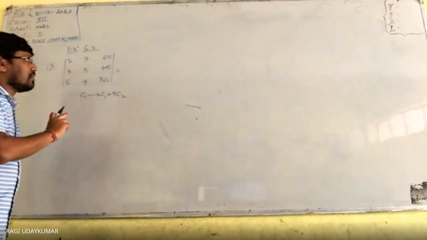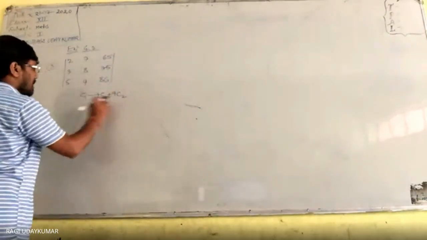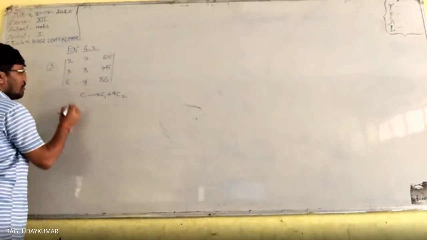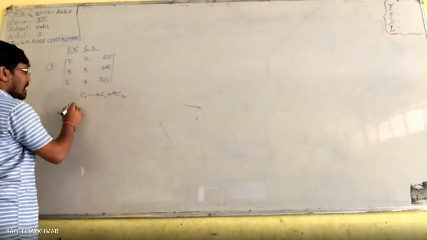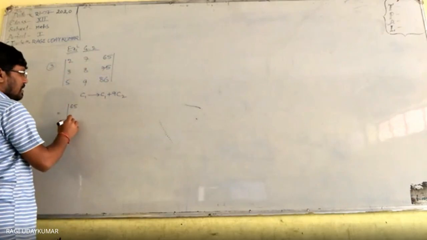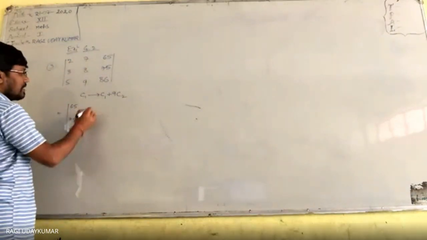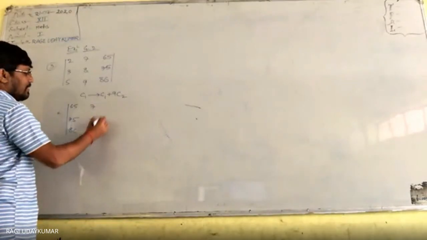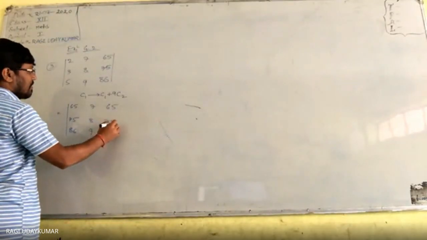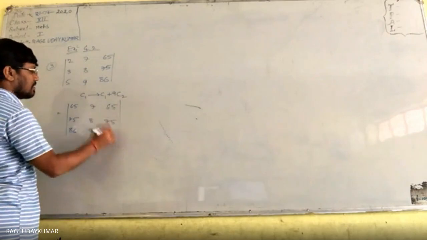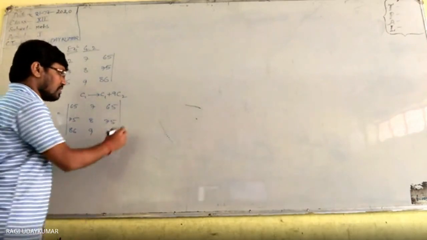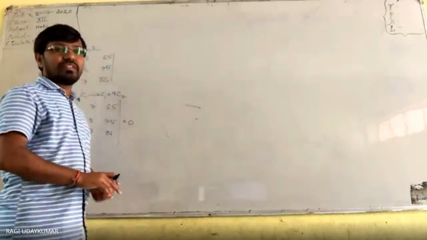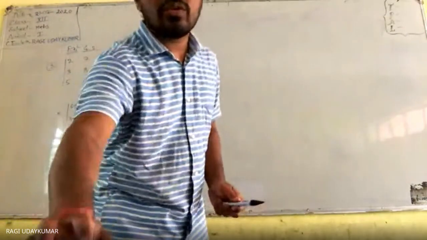Column 1 plus 9 into column 2 gives us 65, 75, 86, while this column is 7, 8, 9. These two columns are identical, so the determinant of this matrix will be equal to 0.